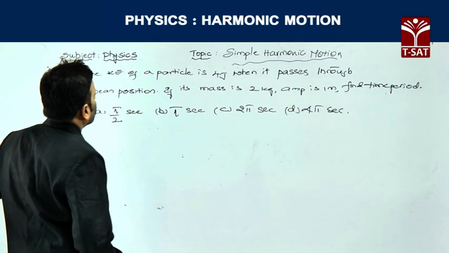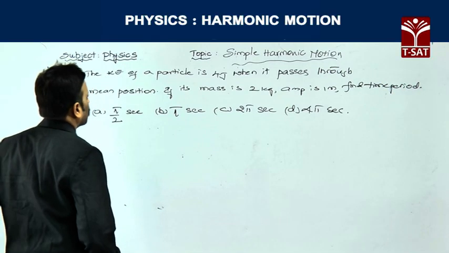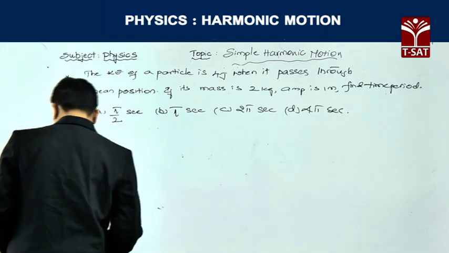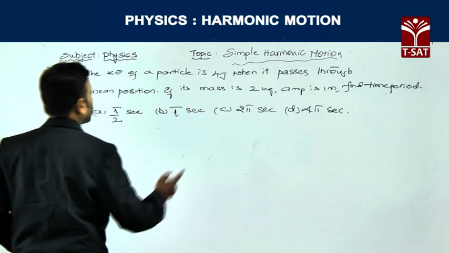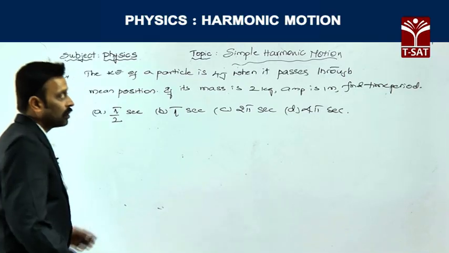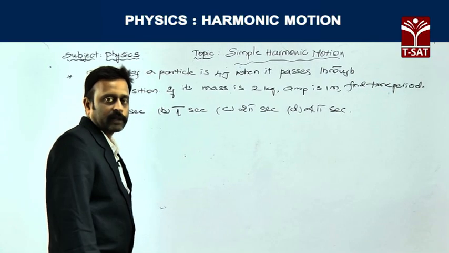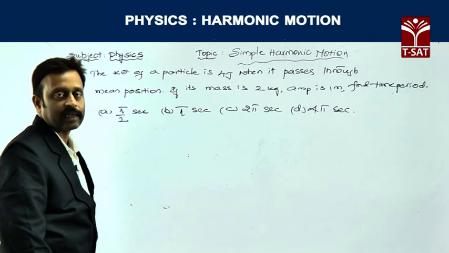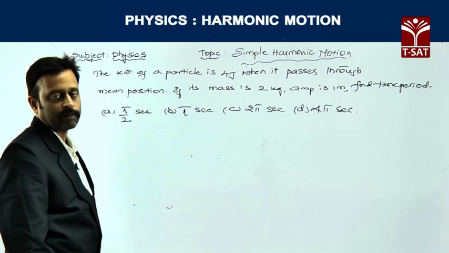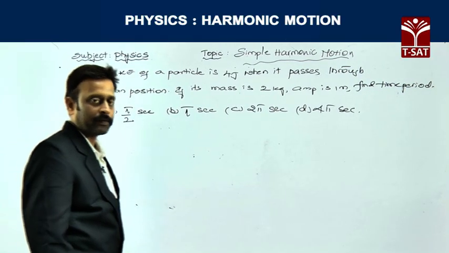So, kinetic energy is given as 4 joules. It is passing through mean position. As we already know, when the particle is at a mean position, which energy is maximum? Kinetic energy is maximum, potential energy is minimum.